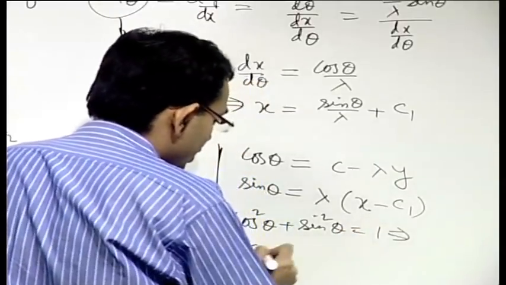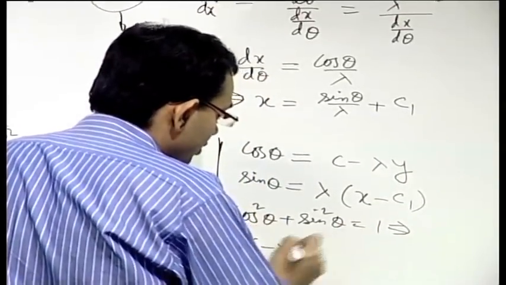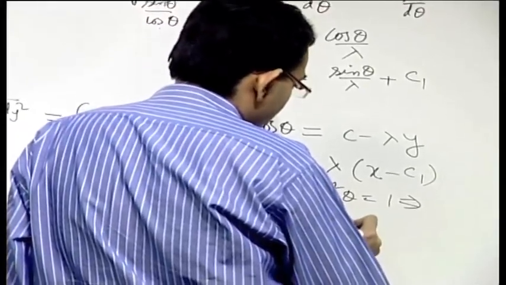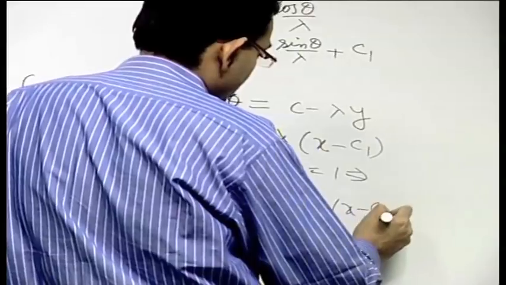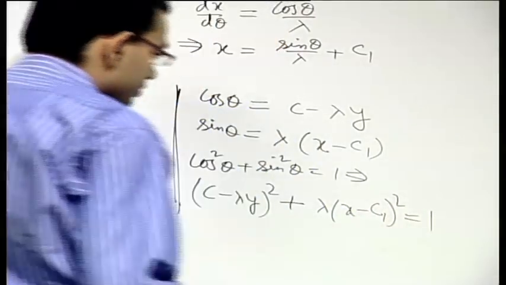This implies c minus lambda y whole square plus lambda square into x minus c1 whole square is equal to 1.